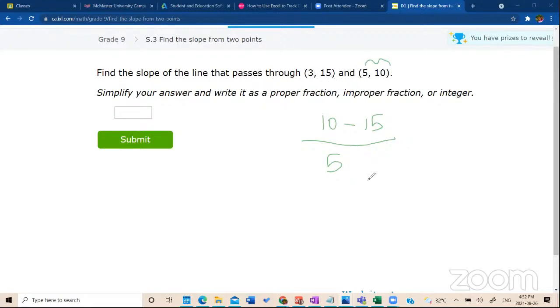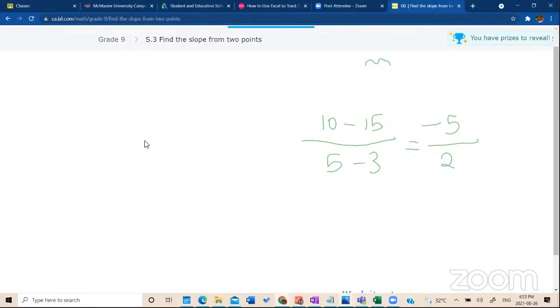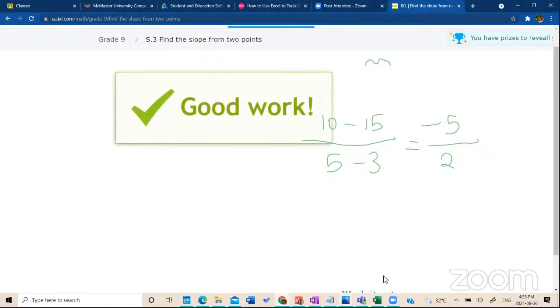It's going to be negative 5 over positive 2. So -5 over 2, let's write it. Excellent.